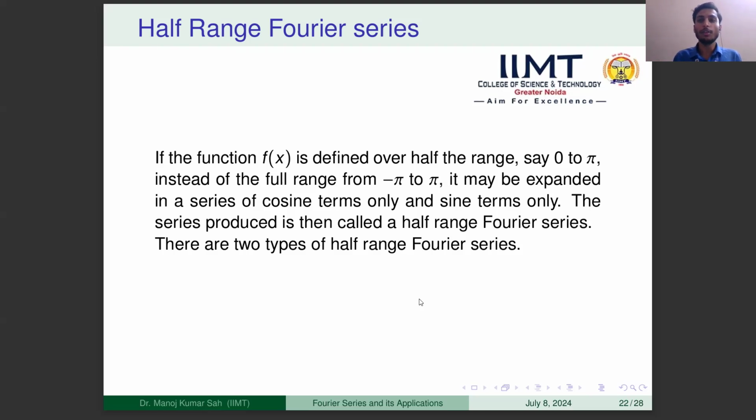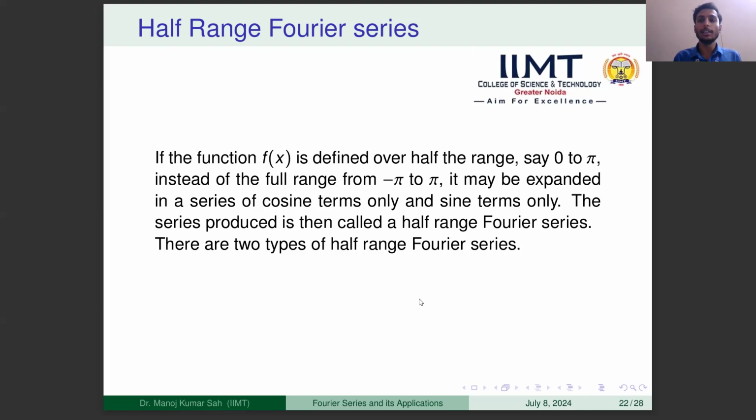In that case, what will happen? The function is immaterial outside of the interval 0 to pi. But here we have two choices. In the first case, you can assume the function is an even function, meaning you will expand the function by considering that it is symmetric about the y-axis. Then you will get a cosine series.